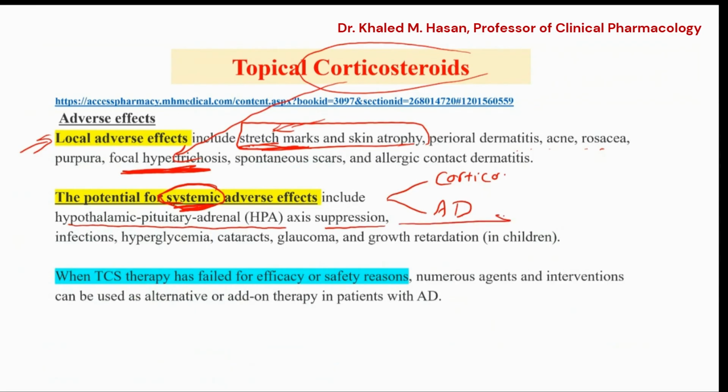We call this negative feedback. Please remember, long-term use of systemic, more than 3 weeks, at high doses, suppresses the hypothalamus pituitary adrenal gland.